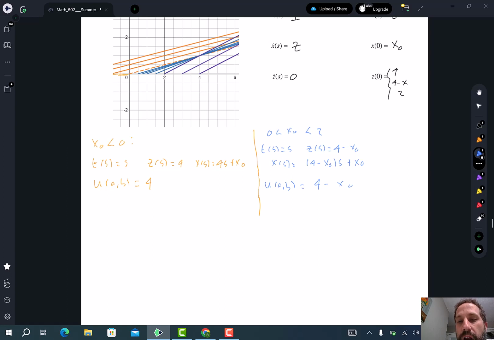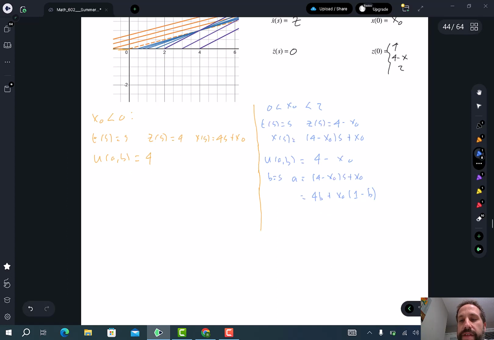Okay, so now I need to figure out what x naught is. If I look at my equations, I'm going to have b is equal to s. A then is going to be 4 minus x naught s plus x naught, which we can write as, s is equal to b, so this is going to be 4b plus x naught times 1 minus b.